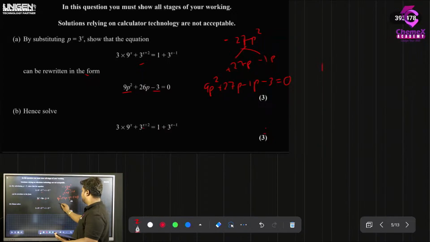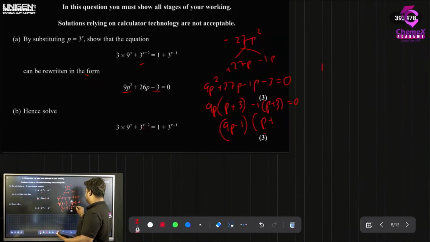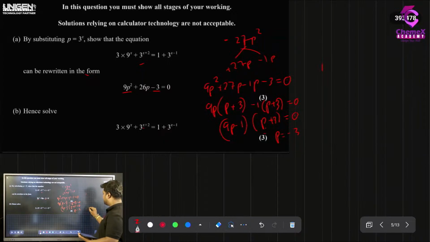Then take 9p out: p plus 3 minus 1, p plus 3 equals 0. So 9p minus 1 and p plus 3 equals 0. p equals minus 3, and 9p minus 1 equals 0, p equals 1 over 9.